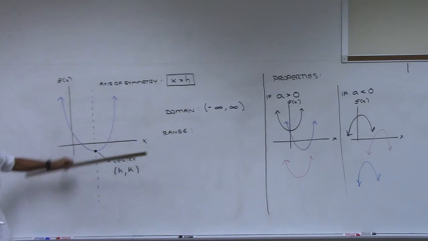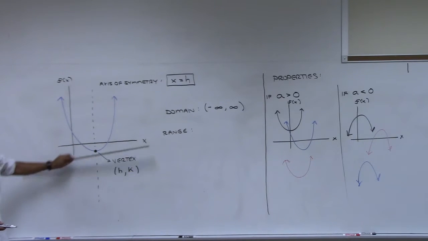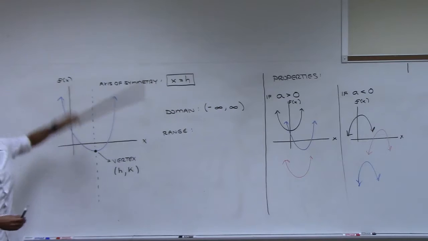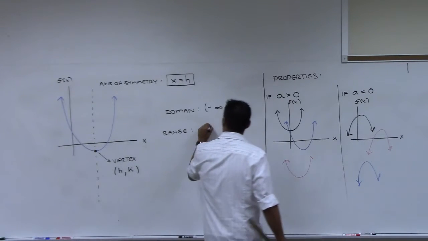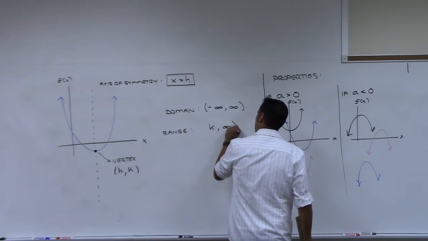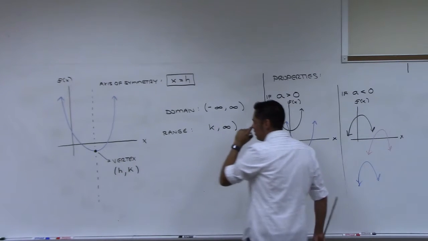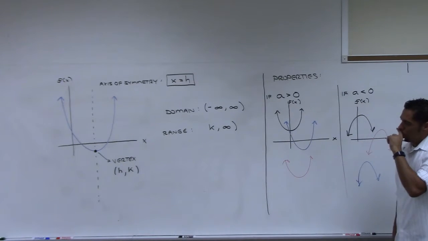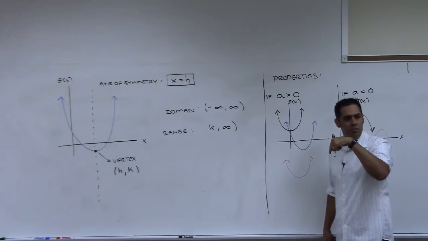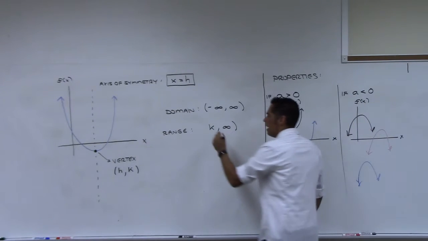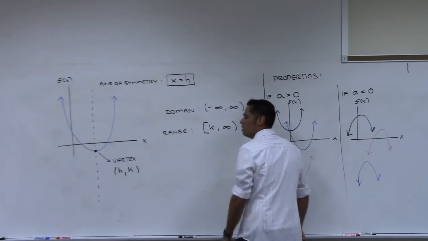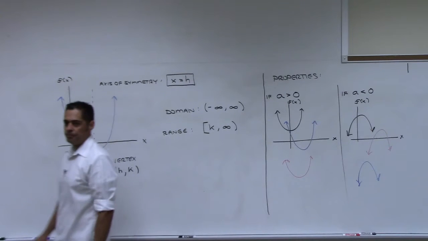K, very good. It's the y coordinate of the vertex. That's where it starts, and then up to infinity. So we've got from k to infinity, and I'm going to put a bracket or a parenthesis on k. Bracket, because we actually do get that value. K actually does come out of the function, so k to infinity.